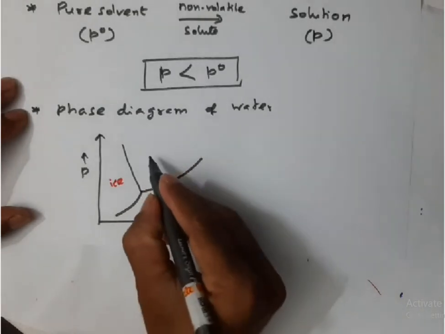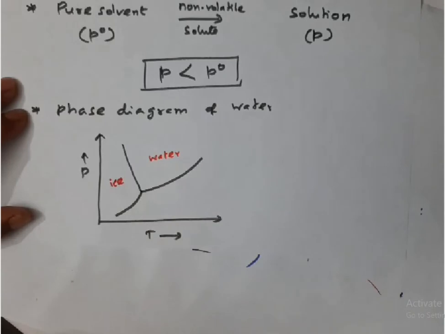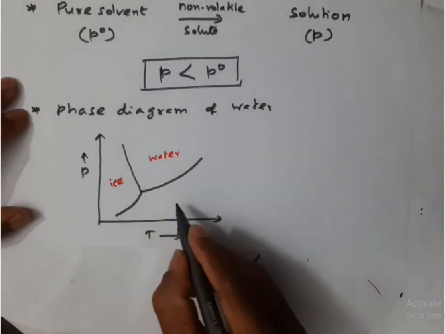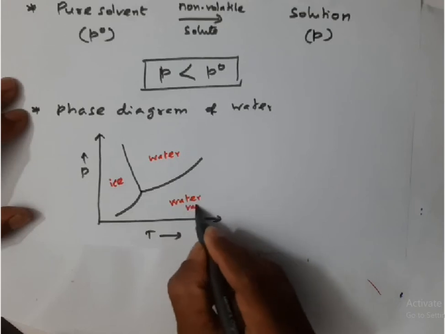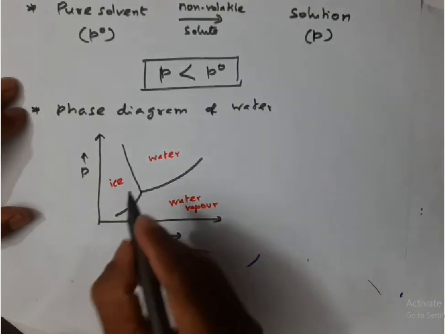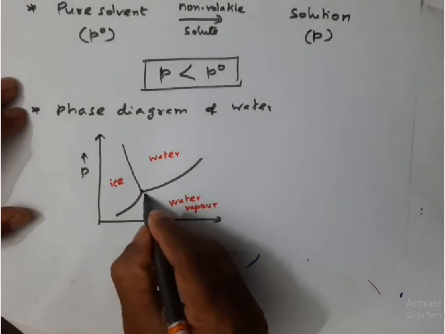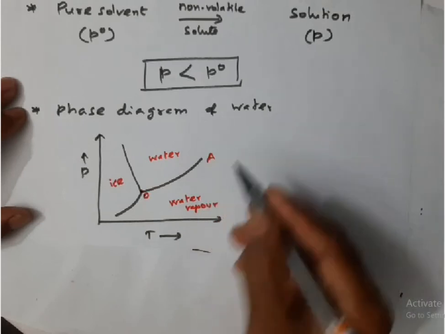This region consists of liquid water, and this region consists of water vapor. Okay. And I'll take this point as O, and this curve, I'll represent this curve as OA.